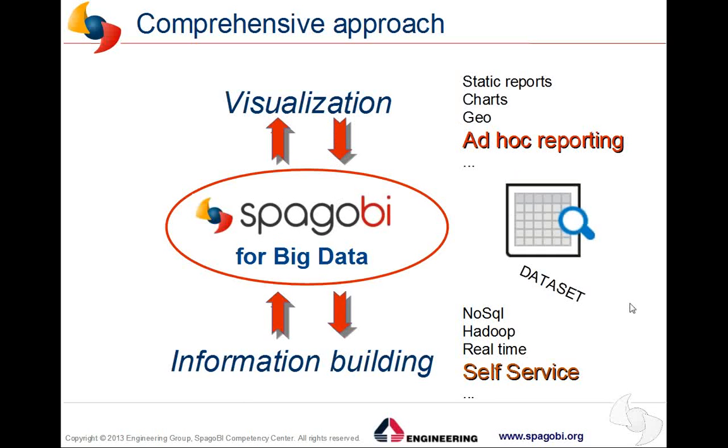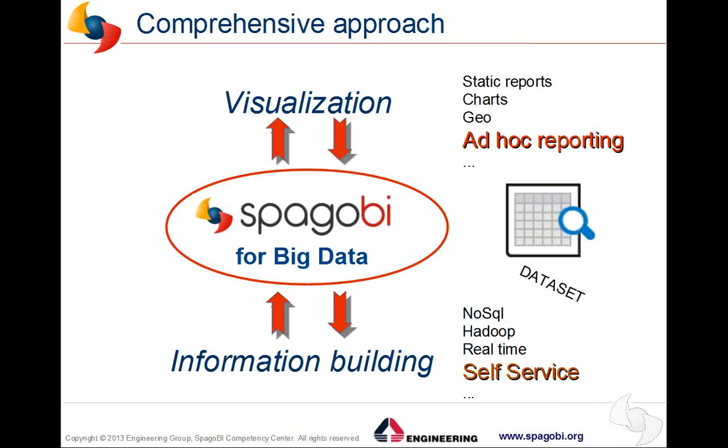We mean that the users, let's say power users, but also the end users, can approach data and visualize the results of a dataset through charts or through tables and so on, but maybe they are not satisfied at all, so they want to slightly modify the input data they are using for their representation, and so they want to go back to the information building, and they can do it through an agile development of information.